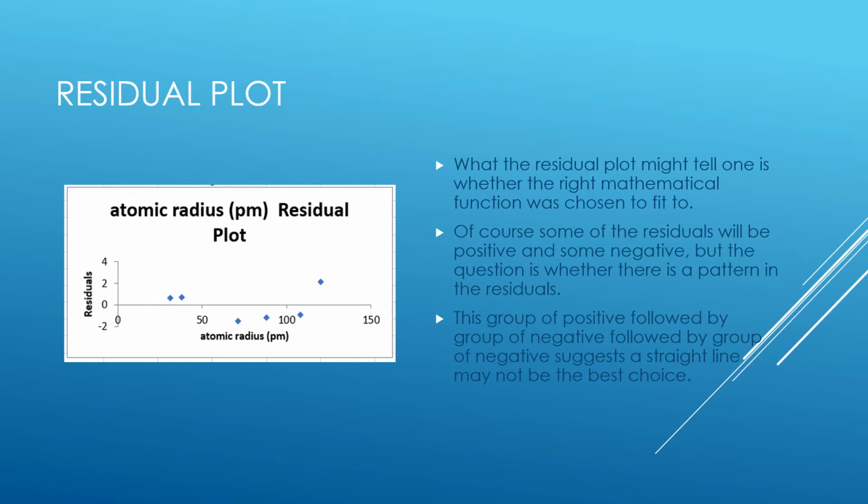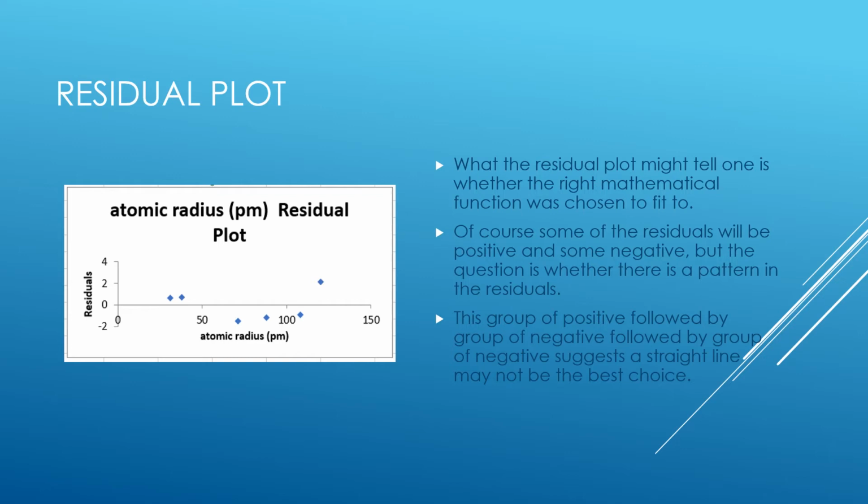The original function that we fit to was a straight line, and what a residual plot might tell you is whether that function choice, in this case a straight line, was the best one. Residuals are going to have the property that some are positive and some are negative, but what you're looking for in a residual plot is possibly a pattern.